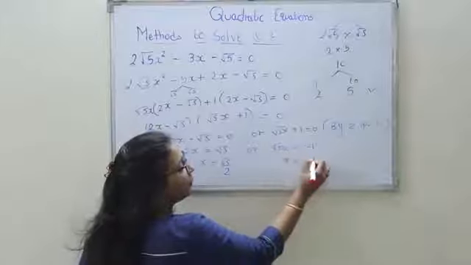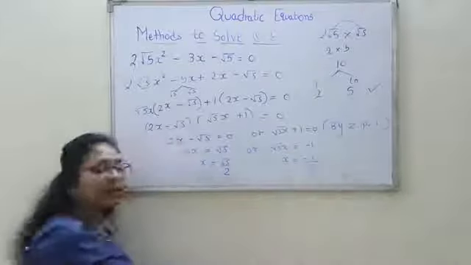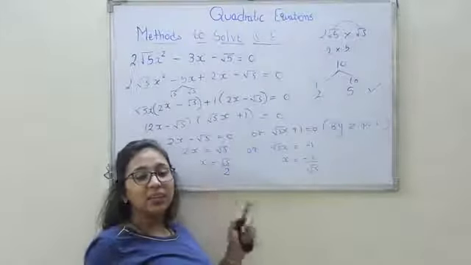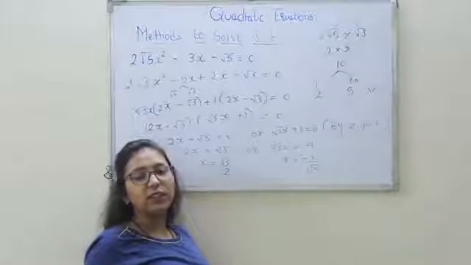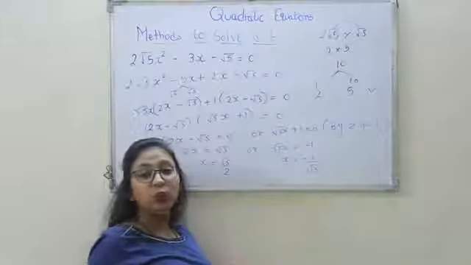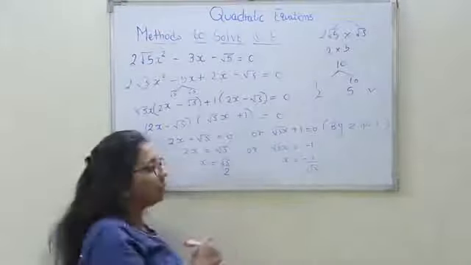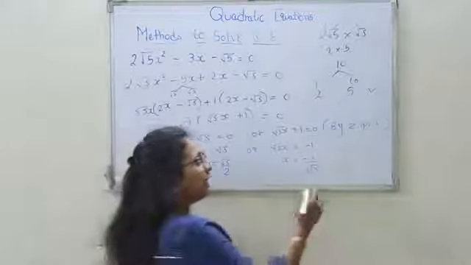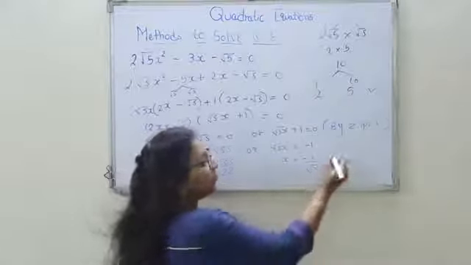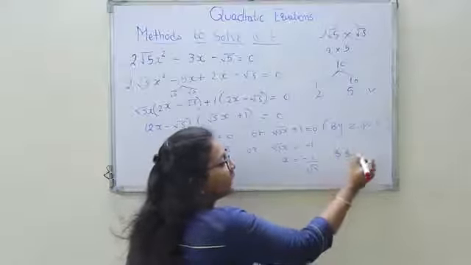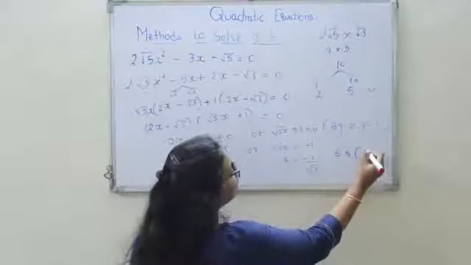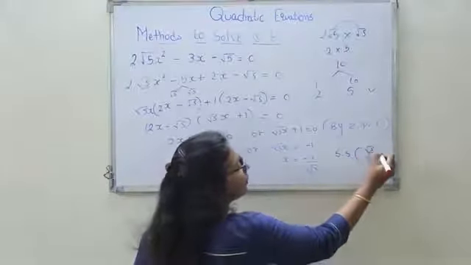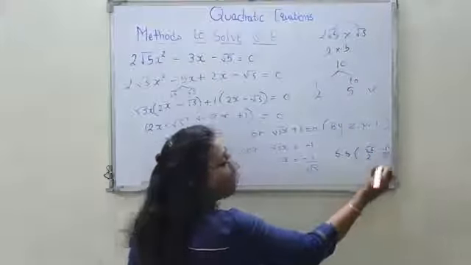So the value of x will be minus 1 upon root 5. As I have already discussed, these are the values which satisfy the equation, so we call them the roots of the quadratic equation. The roots we write as the final answer in the form of a solution set, in round brackets: root 5 upon 2, minus 1 upon root 5.